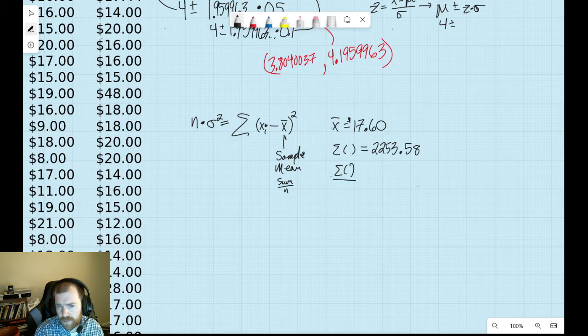So this thing divided by n is going to be 2253.58 divided by the sample size, which was 72.